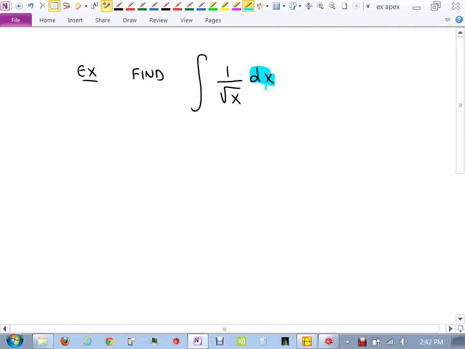So you're really trying to find the antiderivative of x to what power? -1/2.